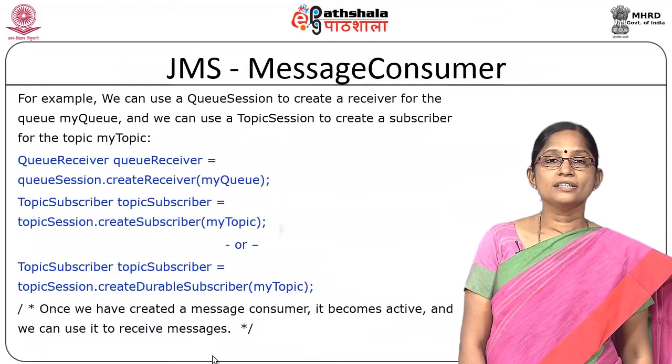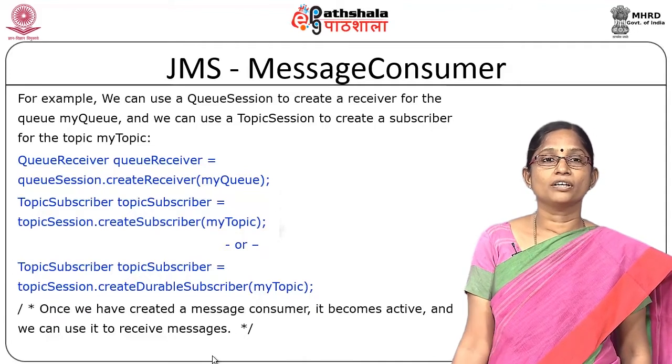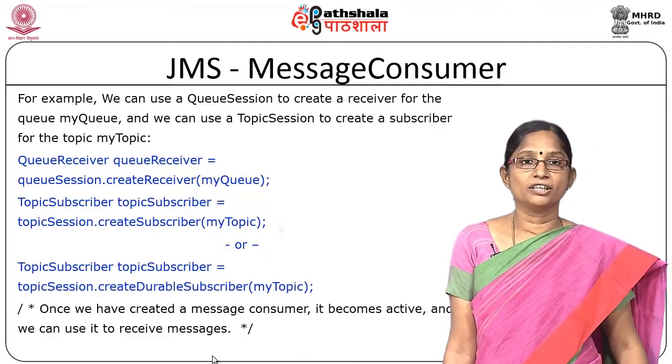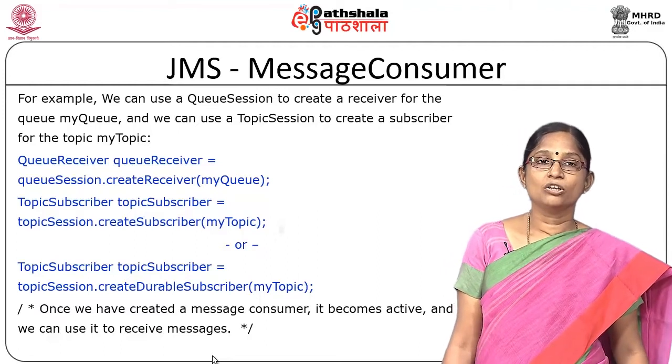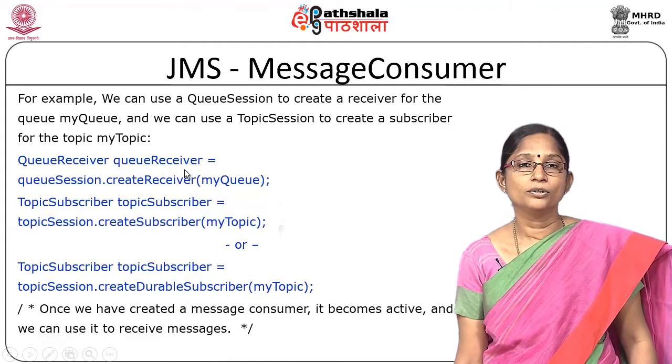So, you can see the code snippet which pertains to the message consumer. We can use a queue session to create a receiver for the queue. First we are going to see how to create a receiver using the queue session. Then a topic session is used for creating a subscriber for the topic. You can see a variable called queue receiver, which belongs to the class queue receiver.